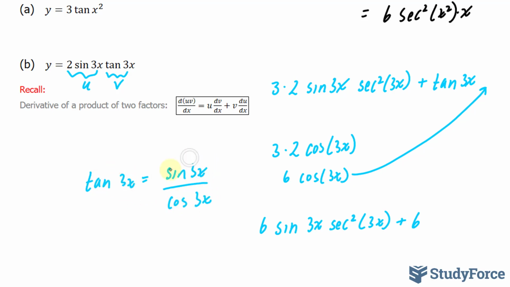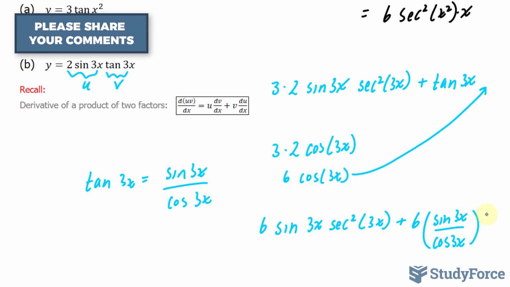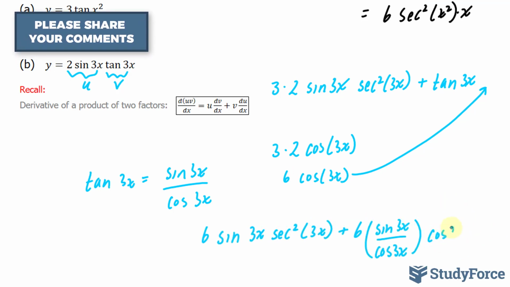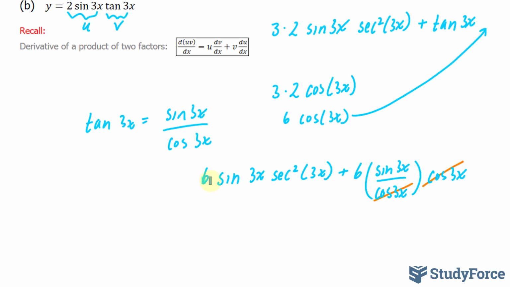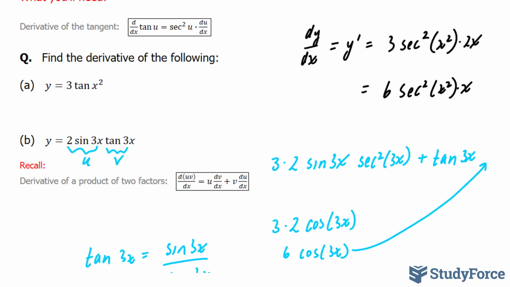I'll switch tangent 3x to its identity because by doing that, watch, sine 3x over cosine 3x times cosine 3x. This part and this part cancel out, leaving us with the following. And that's it. That's how to take the derivative of tangent functions.